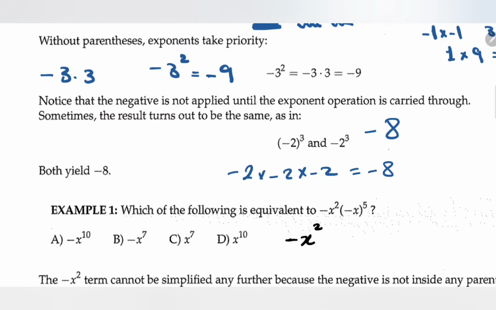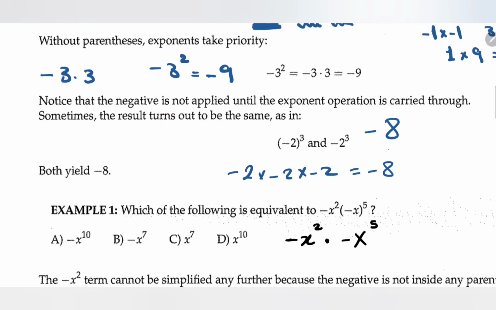And what about (negative x) all to the power 5? The power is even or odd? The power is odd. So keep the negative sign or remove the negative sign? Keep the negative sign. So if the power is odd, keep the negative sign. So I will keep it. It's multiply negative x to the power 5.